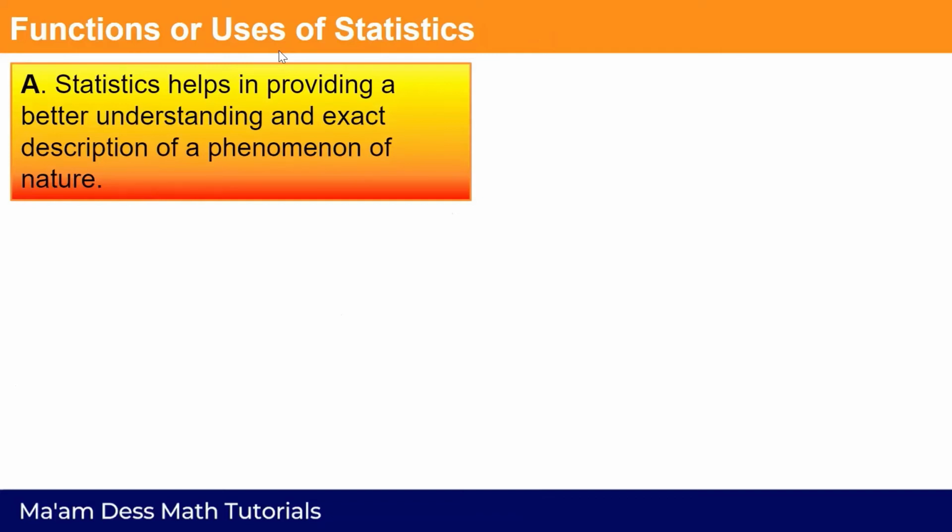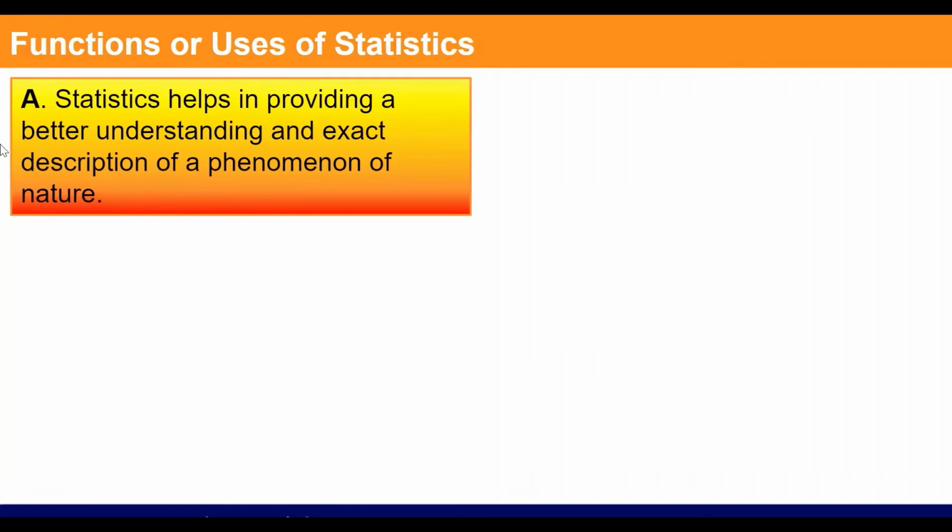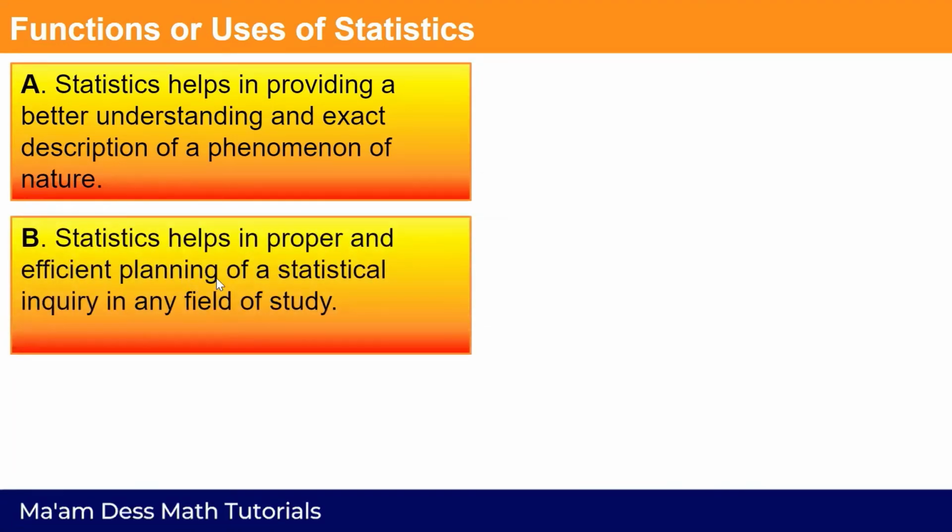So again, what are the functions or uses of statistics? Letter A, statistics helps in providing a better understanding and exact description of a phenomenon of nature. Letter B, statistics helps in proper and efficient planning of statistical inquiry in any field of study.